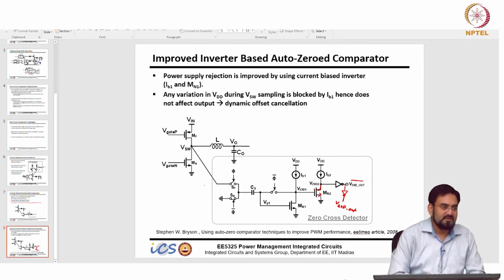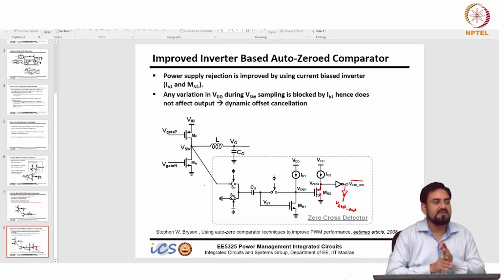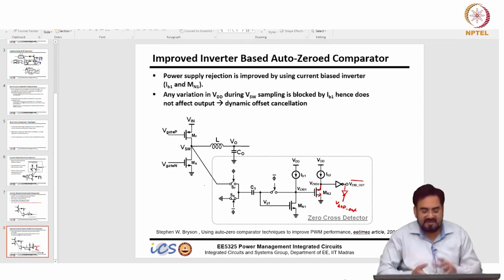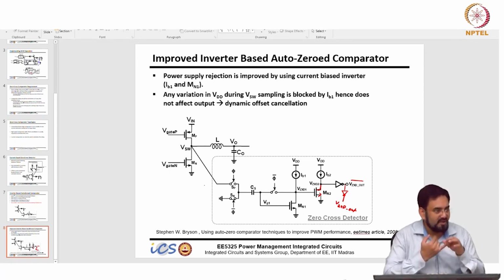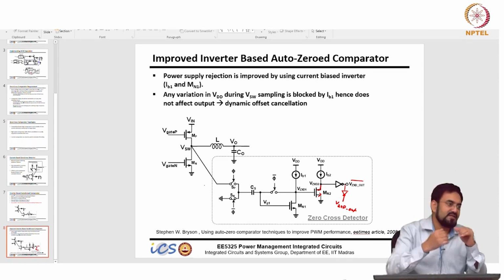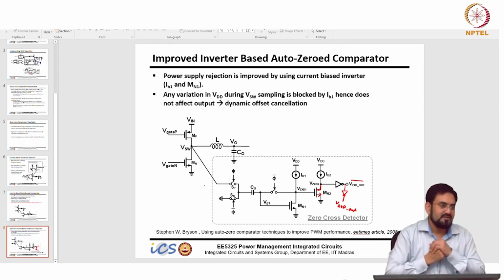Okay. So if, let us say, you decide to enter the PFM mode right away when you enter the DCM, then you can use this output. So there could be different ways of how to enter the PFM mode. One is you can monitor the load current, okay, and you can decide what the load current is.